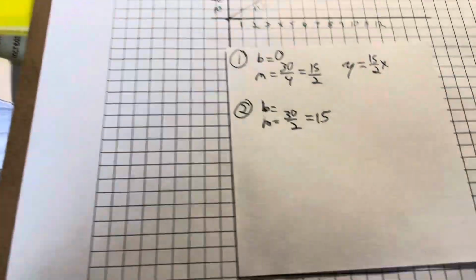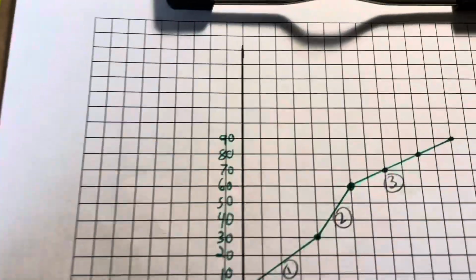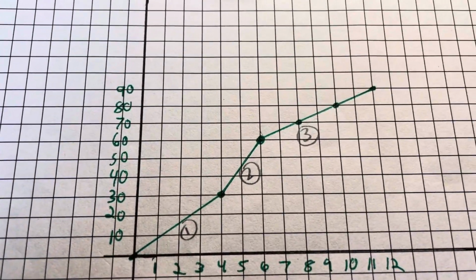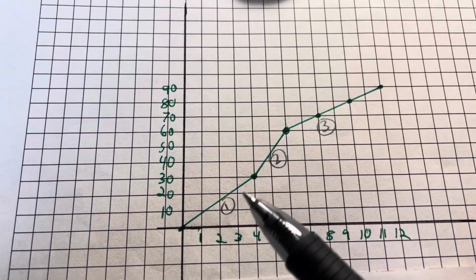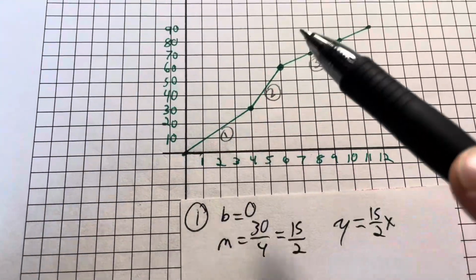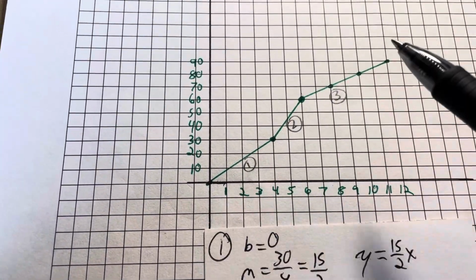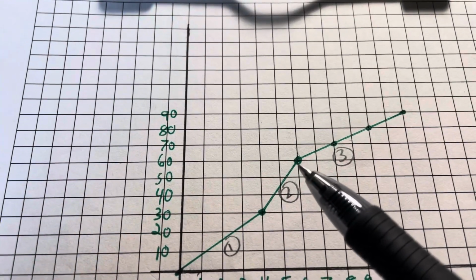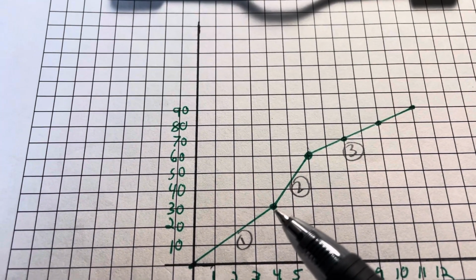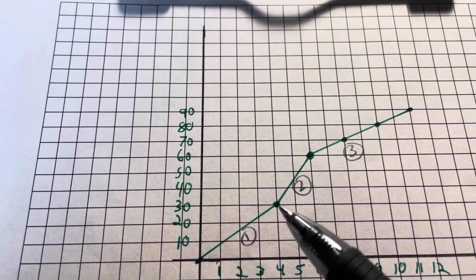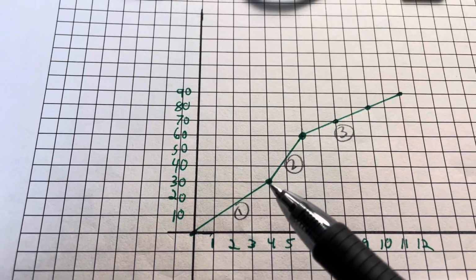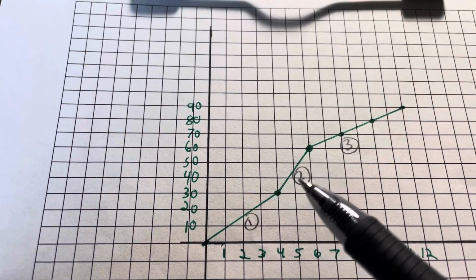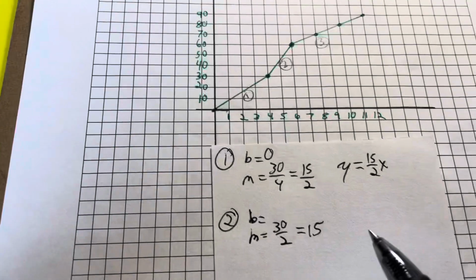So I got my slope. But what I don't have is my y-intercept. My y-intercept is way down here somewhere. So I can't guesstimate it. What we use is one of these points, this one here or this one here, and use the point slope form. I personally would use this point here, 4, 30, and use my point slope form.